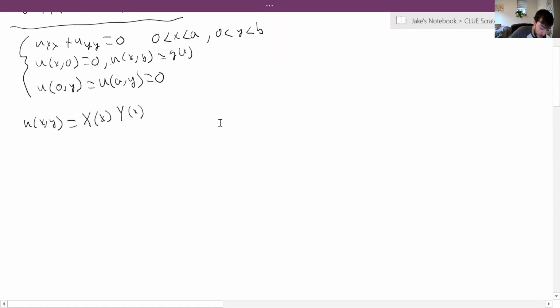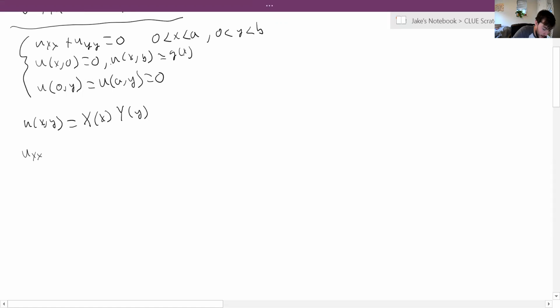Normally we write these as big X of x and big Y of y, because we want to drop the arguments, but we want to keep track of which part of our differential equation we're talking about.